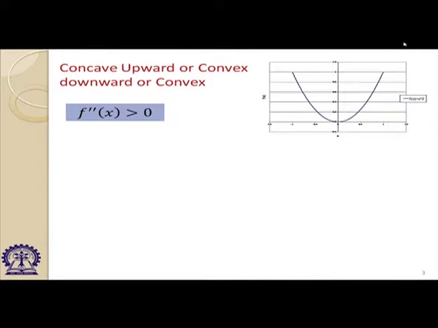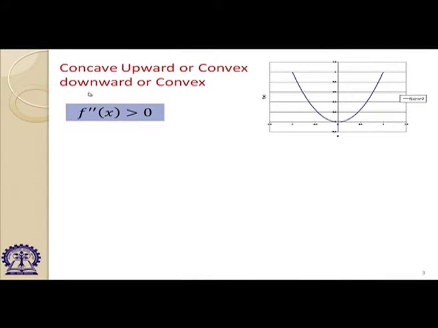We are dealing with functions that are concave upward, or convex downward, or in general we call it convex. Now how to remember that this is a convex function? There is a small trick about it, which is very nice.